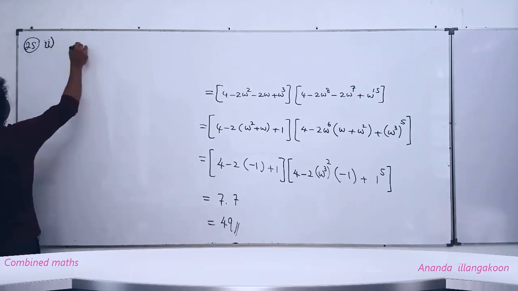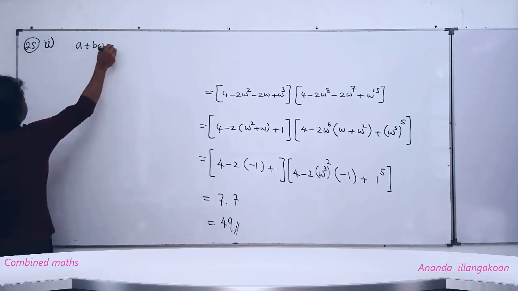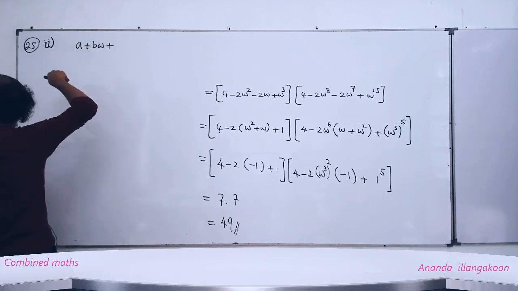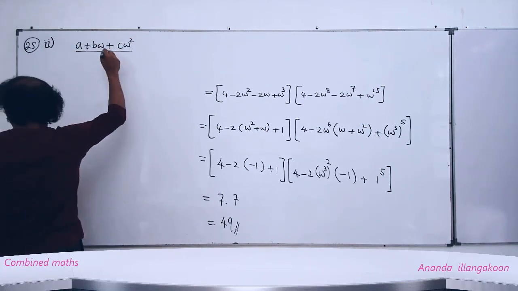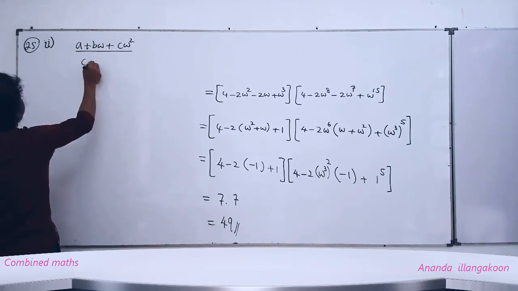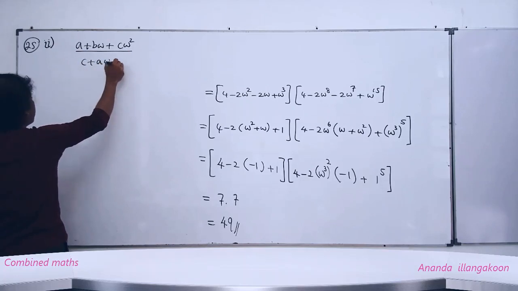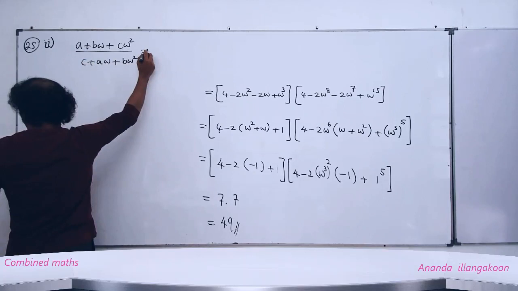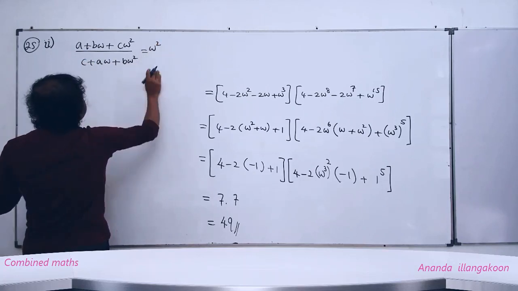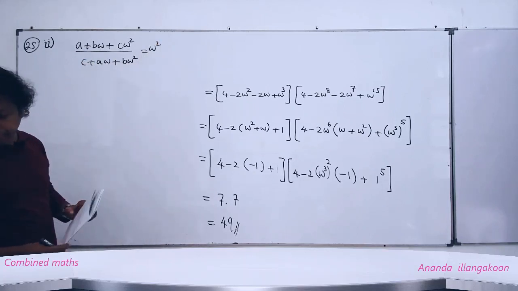Given that (a plus b omega plus c omega squared) divided by (c plus a omega plus b omega squared) is equal to omega squared.